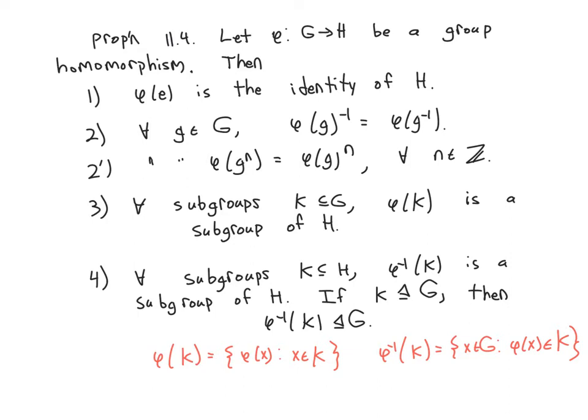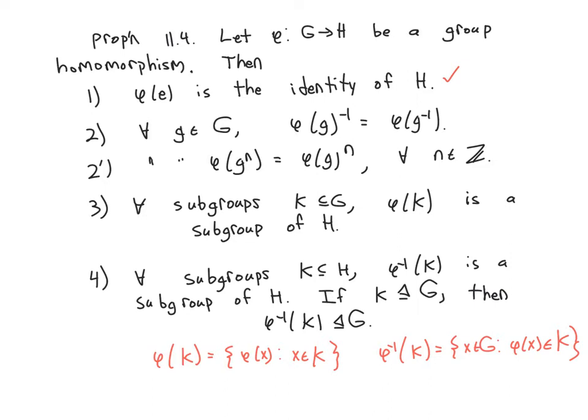If you go back to my video series on isomorphisms, you will see I proved property 1 in the context of group isomorphisms, and you'll discover that nothing about that proof used the fact that phi was surjective and injective. It only used the fact that phi preserved multiplication.